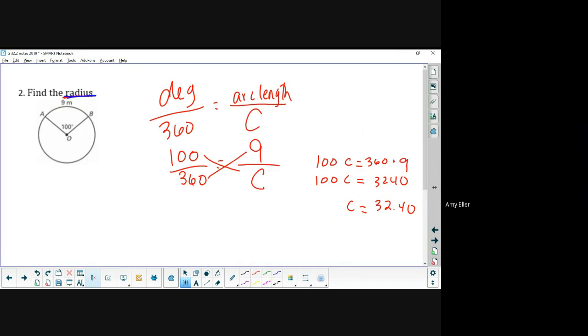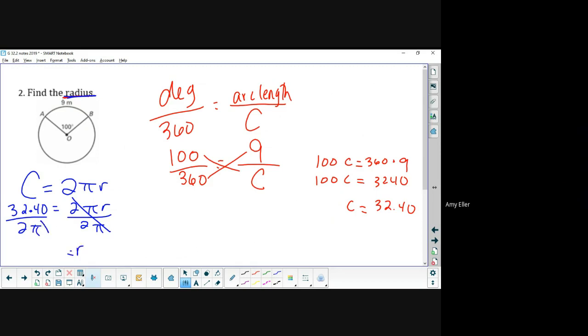Let's write our circumference formula from yesterday. Circumference is 2 pi r. We just found circumference, so we plug that number in right under C. To find r, divide by 2 pi.